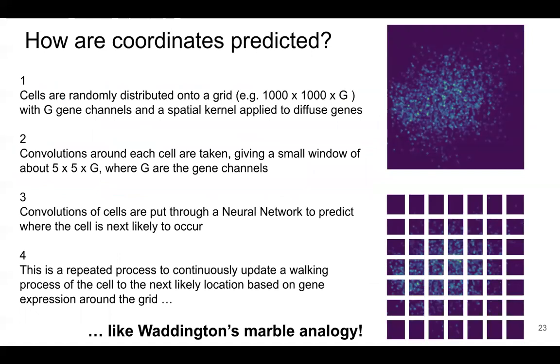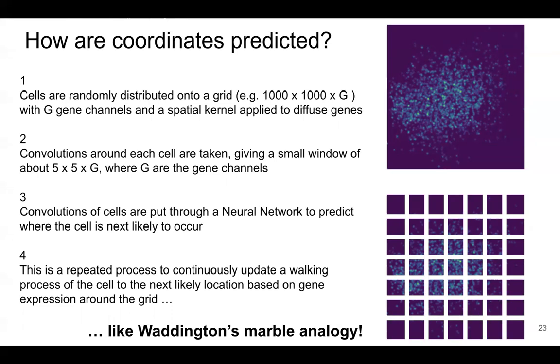So what is the KNN gene convolution and how are these coordinates predicted? Well, I'll first look at the images on the right. Essentially, each cell is represented by an intensity spot or dot on the top right of the main image. In the bottom right, I essentially create a KNN grid where each square represents a convolution of the spatially arranged cells.